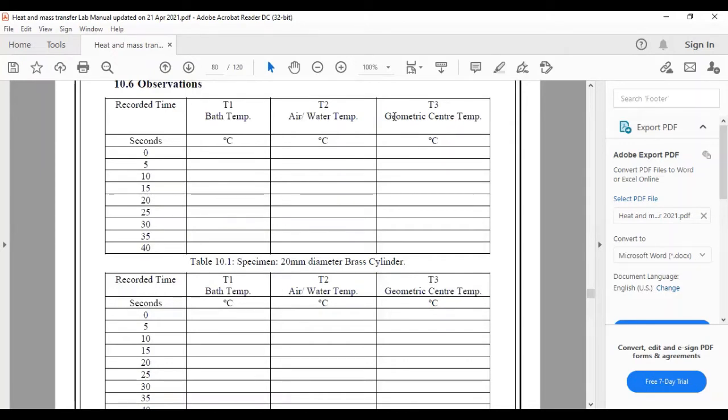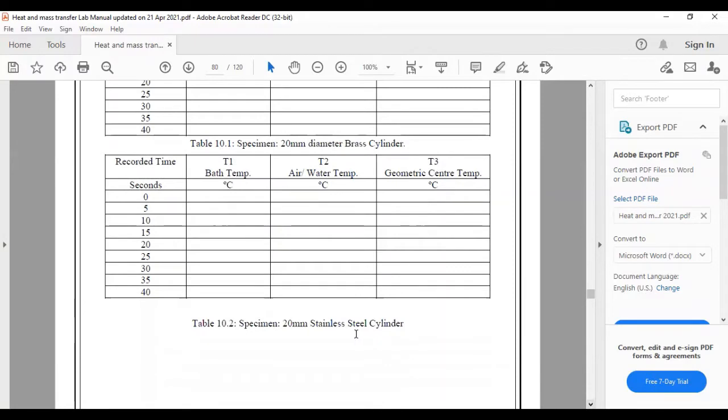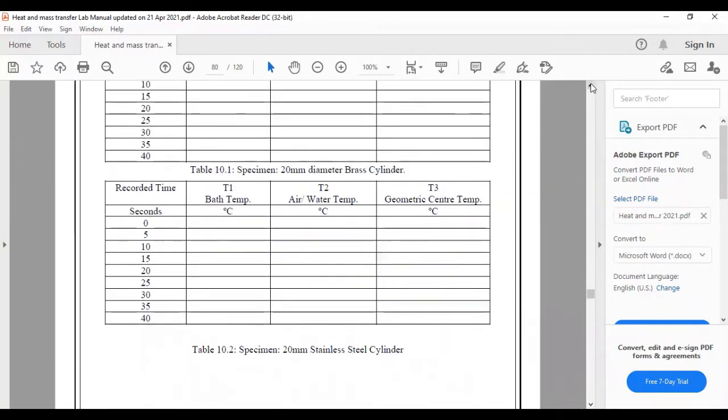We have different kinds of cylinders or shapes, and we can use either of them. We will take the bath temperature, then the geometric center temperature, that is T3, and around it the value of T2, the area around the geometric center. We will measure all these three temperatures for the brass as well as for the stainless steel. So this is our observation table.